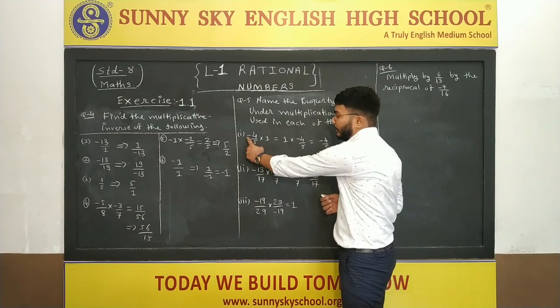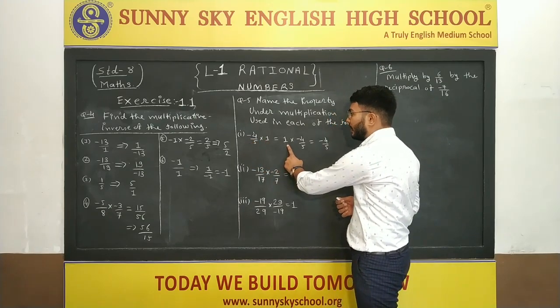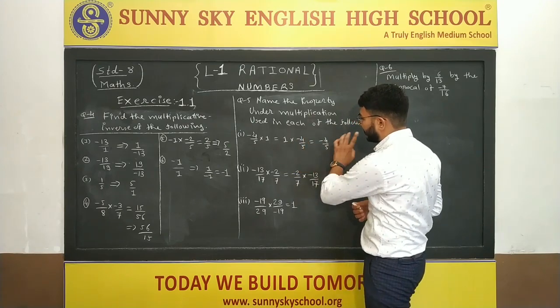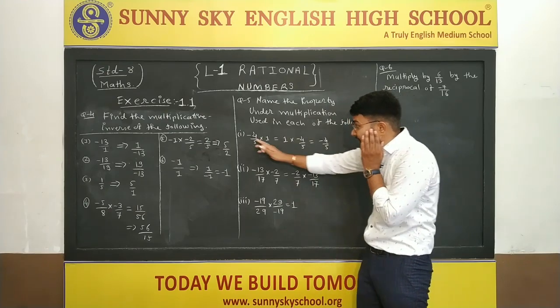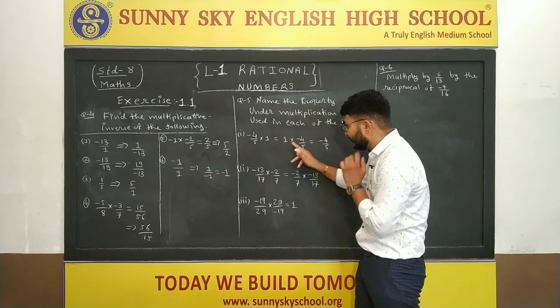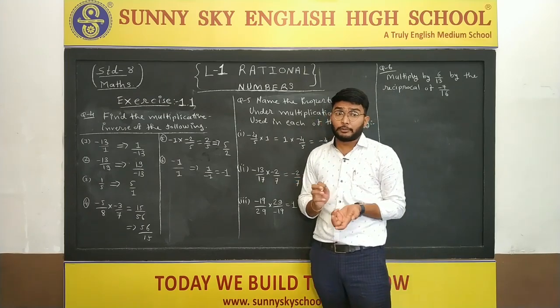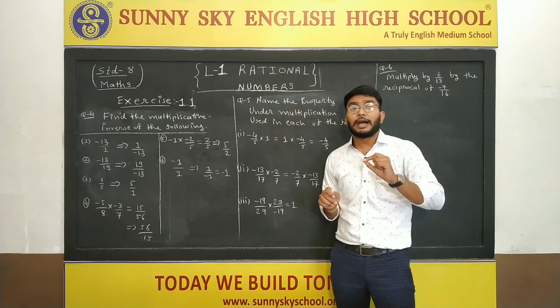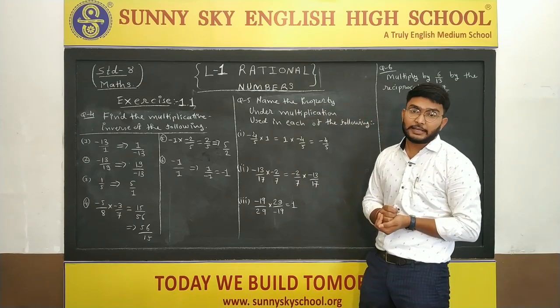See here, minus 4 by 5 multiplied by 1 is equal to 1 multiplied by minus 4 by 5, and the answer is minus 4 by 5. Here you see first 4 by 5, then 1, and here 1, then 4 by 5, interchanged. You might think it is commutative, but here 1 is a multiplicative identity.